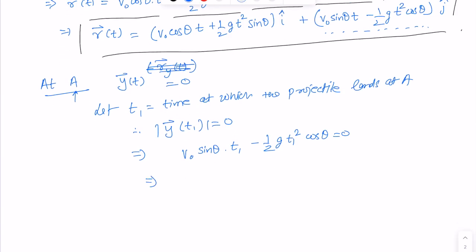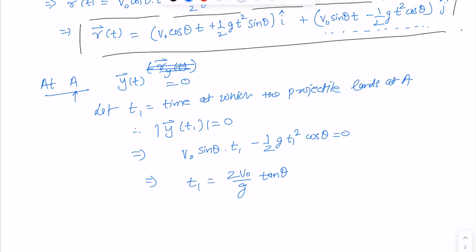So this can be solved to obtain t1 equals 2 v naught by g tan theta. The other value of t1 would be 0, which would satisfy this equation, but that is obviously not the one we are interested in because that is the time when the object was at O.